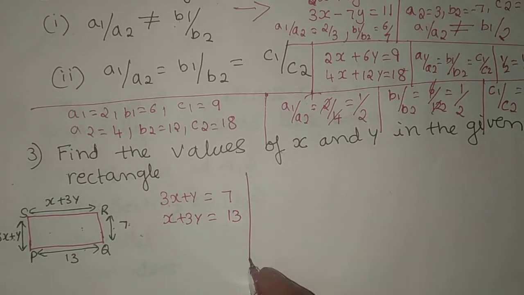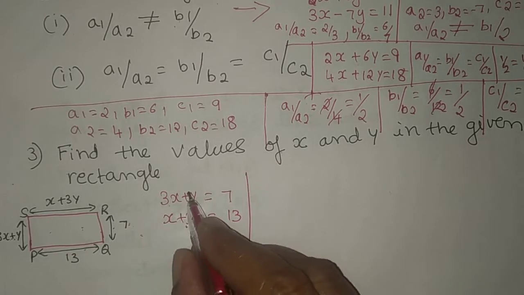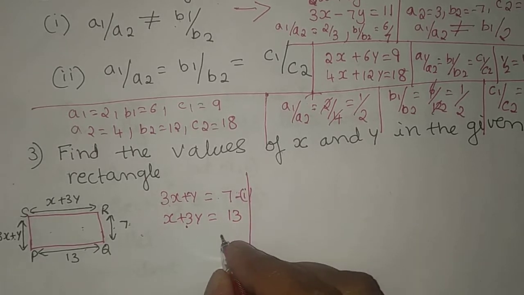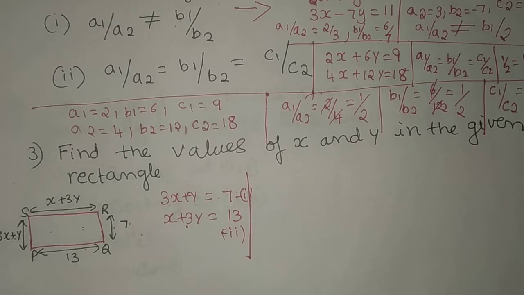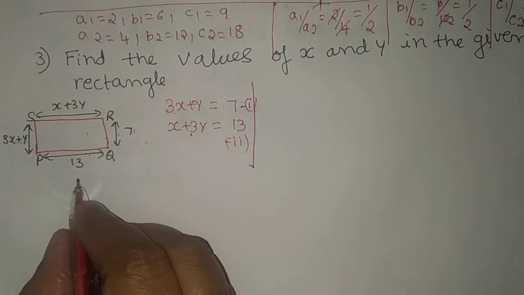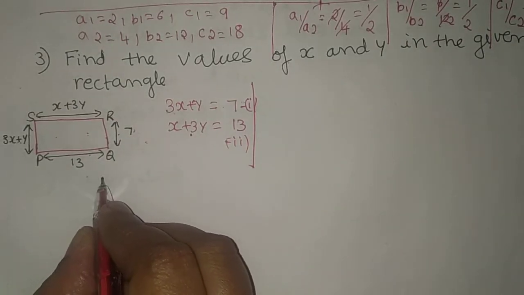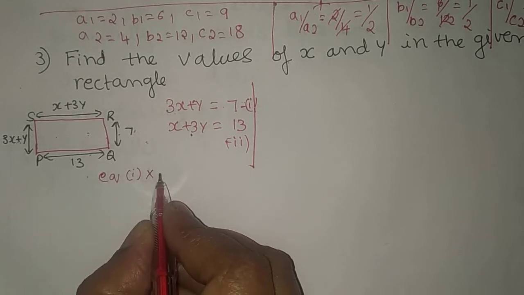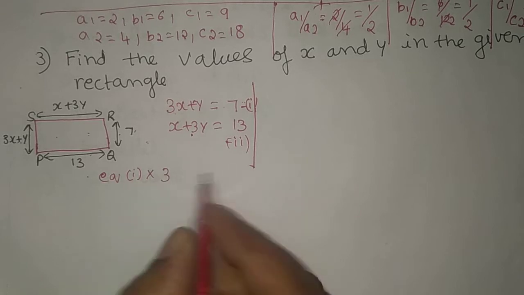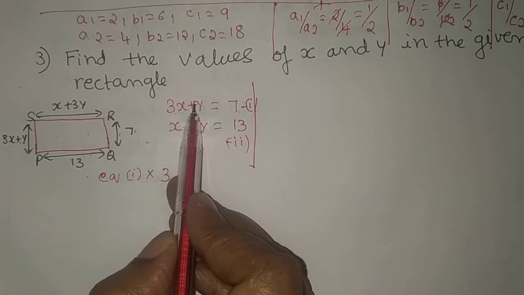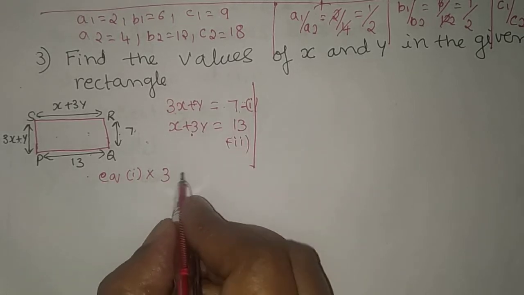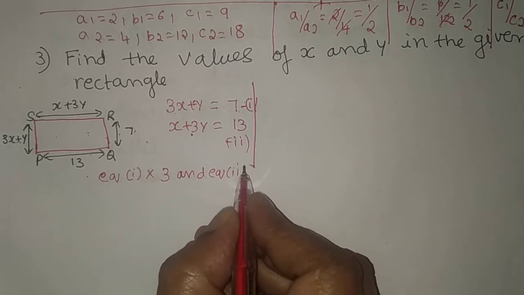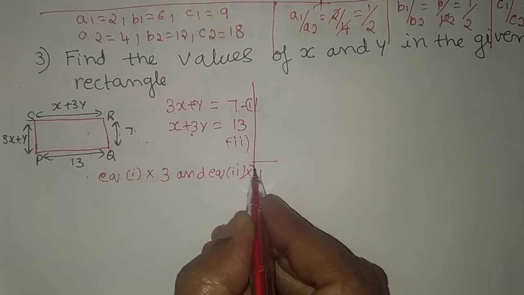For finding x and y, I'll take the first as equation 1 and the second as equation 2. Multiply equation 1 by 3 and equation 2 by 1.